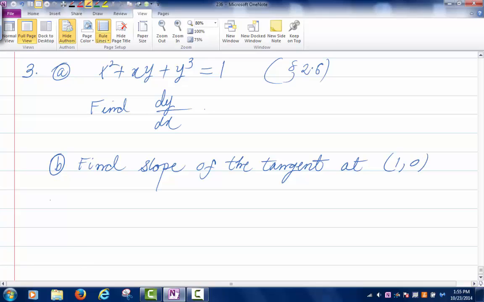When on the graph of this equation there is a point 1, 0, and at that point what's the slope of the tangent? And part C would be find the equation of the tangent at the same point.